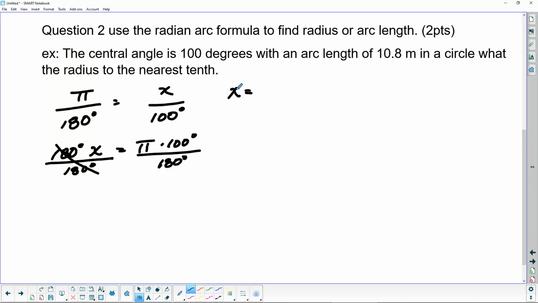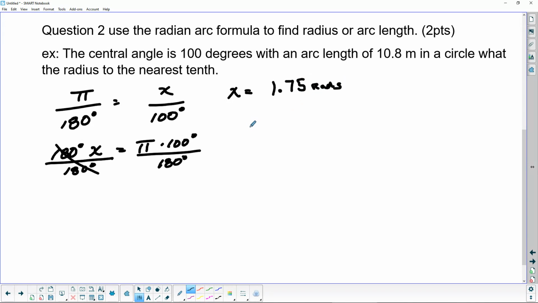Now we can do radians as a decimal because we're going to use the formula to find the nearest tenth anyway. So we're going to go pi times 100 divided by 180. So pi, 3.14 times 100 divided by 180. That's 1.75. I'm going to keep an extra significant figure till the end. Radians.